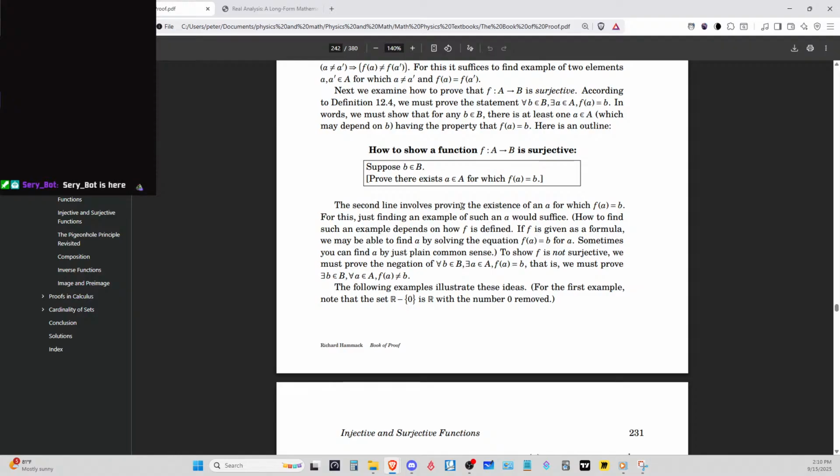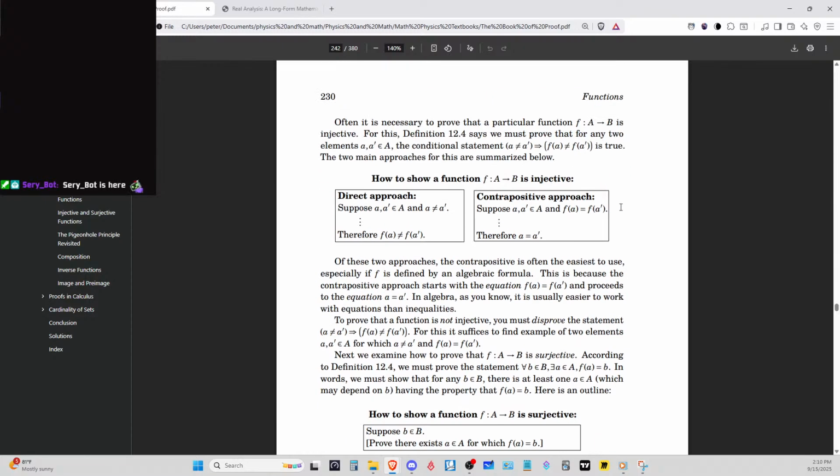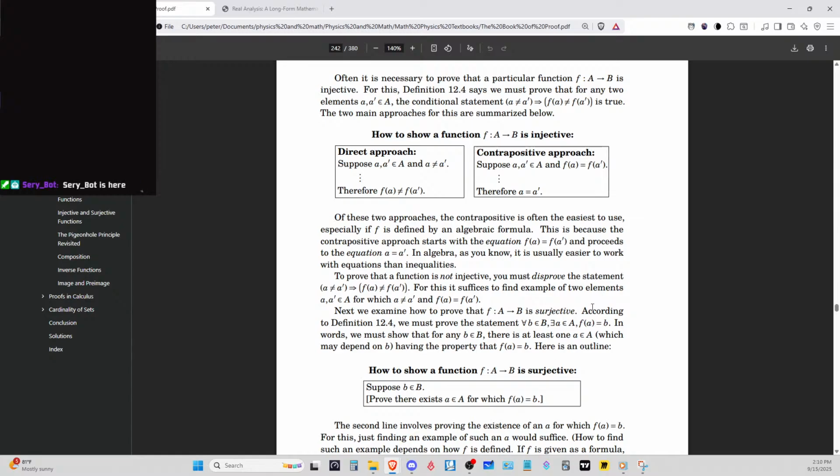The second line involves proving the existence of A, which is B. Okay, so let's just read this, because it's just a paragraph. So of these two approaches, the contrapositive is often the easiest to use, especially if f is defined by an algebraic formula.